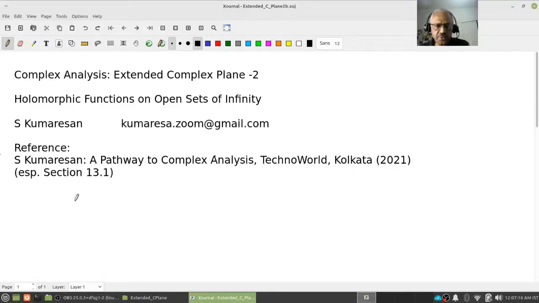So suppose f is a polynomial, a non-constant polynomial, of degree n, where n is not equal to 0 and n is greater than or equal to 1.